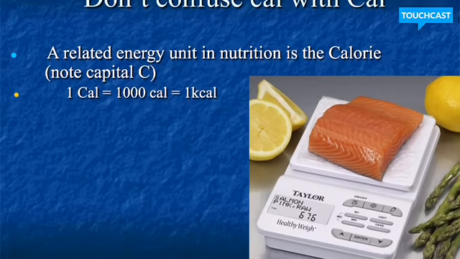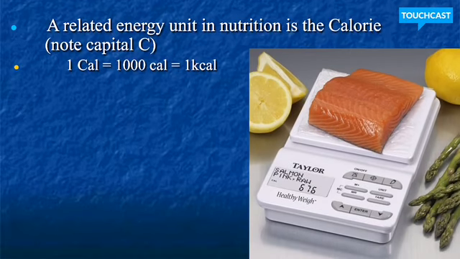They sometimes ask us for kilocalories. And there is a very subtle difference. So a calorie, lowercase cal, is different than a kilocalorie, which is an uppercase Cal. Just know that an uppercase Cal means kilocalorie.